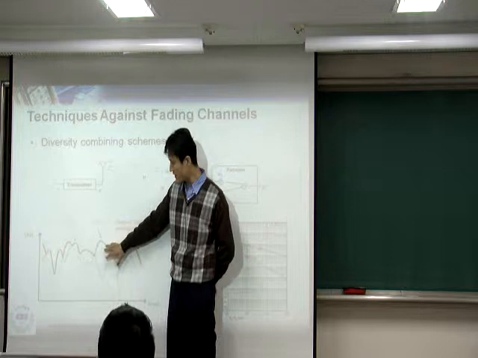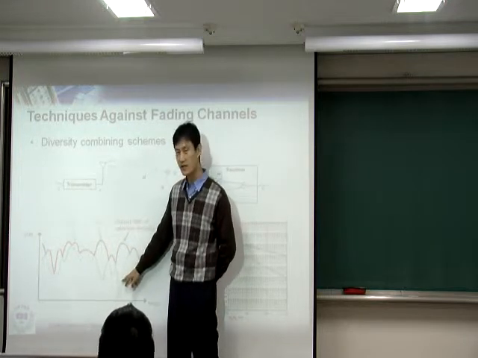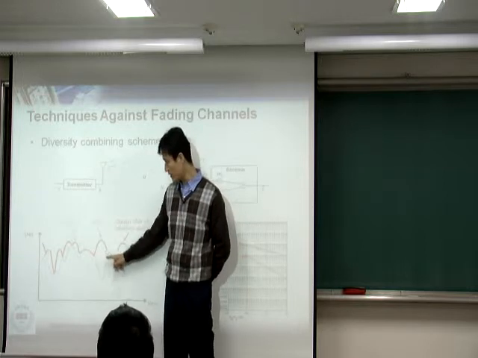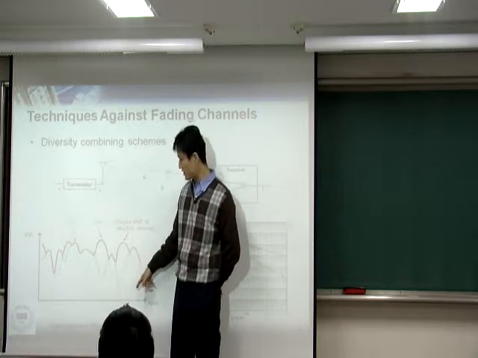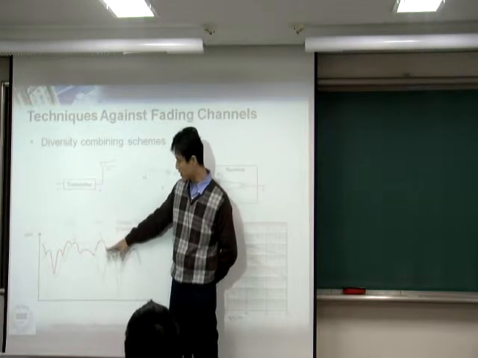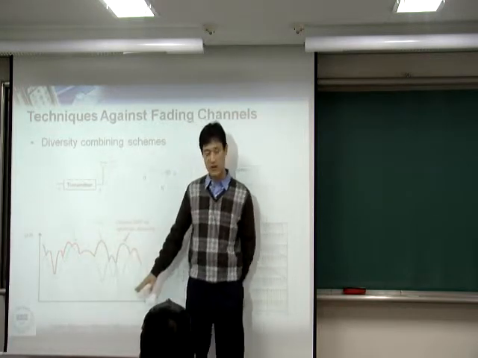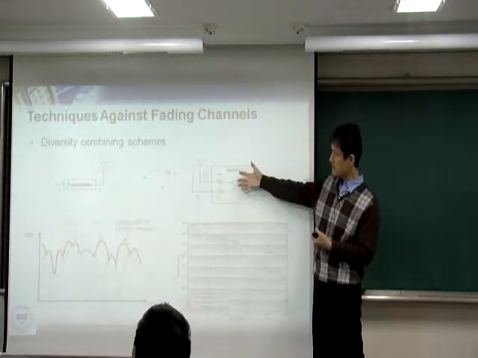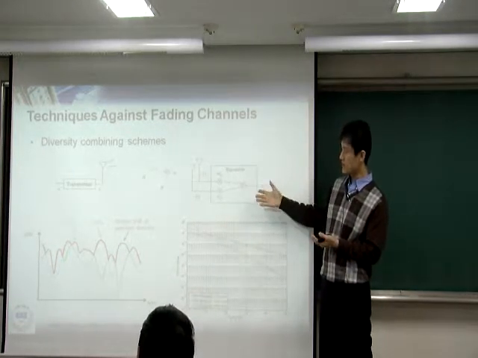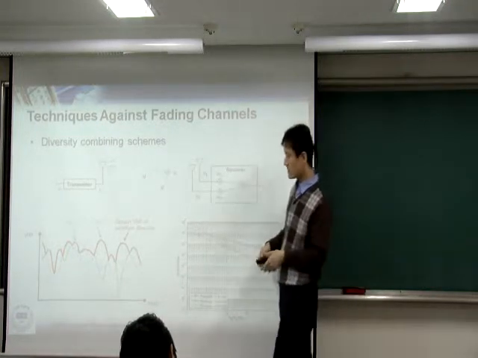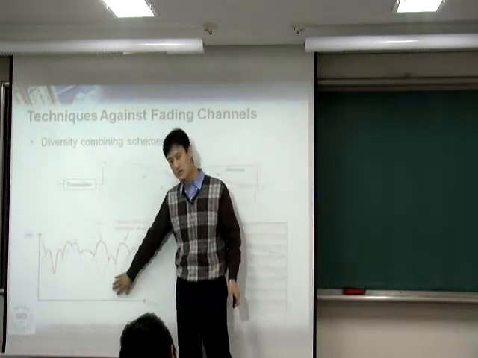The red one actually has less fading compared to green or blue. The green one has more range of fluctuation, but the red one is fluctuating only in this range. So by using this diversity combining scheme, we are reducing the fading. What is important is that we want to avoid deep fading.